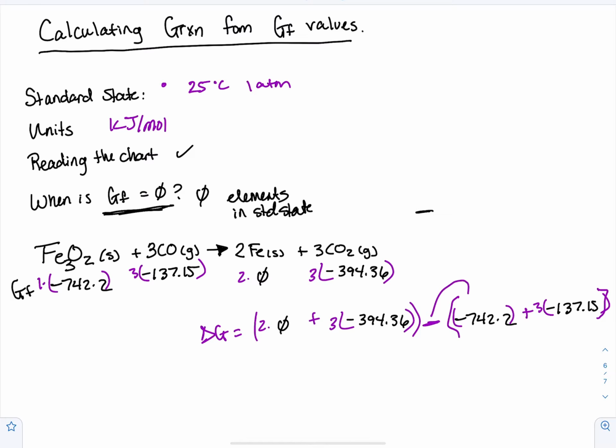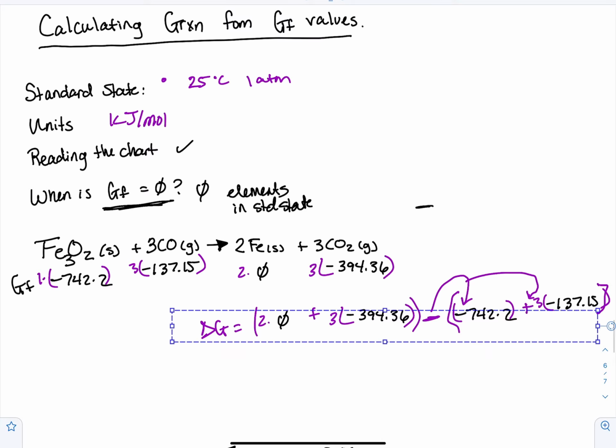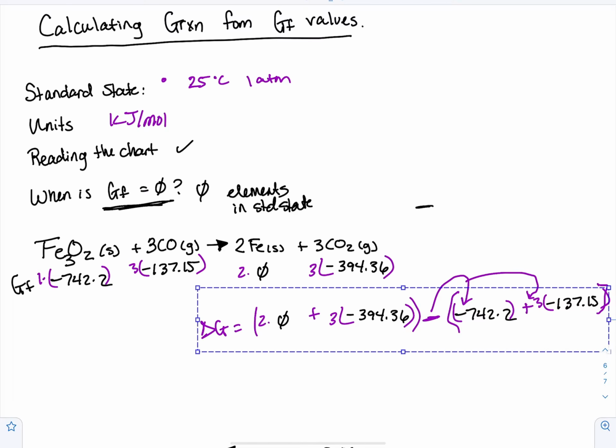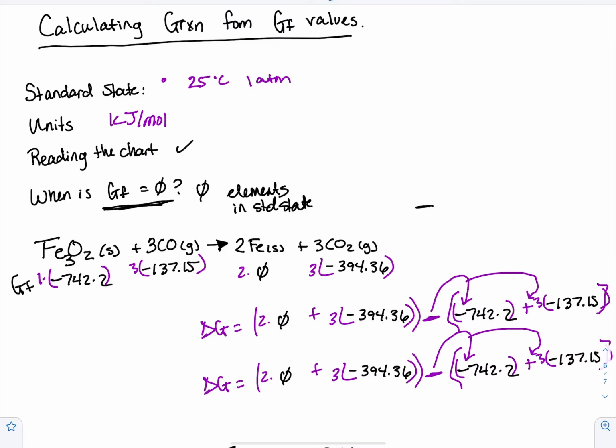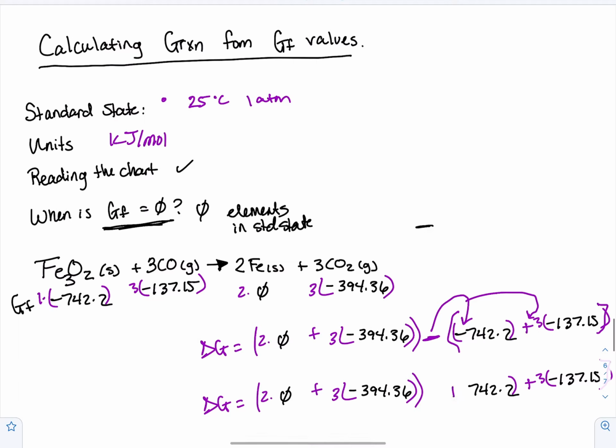But that negative gets distributed to him and to him. So I'm about to be at, I'm going to take, it's a negative, so that becomes a positive. And then this term right here becomes a negative.